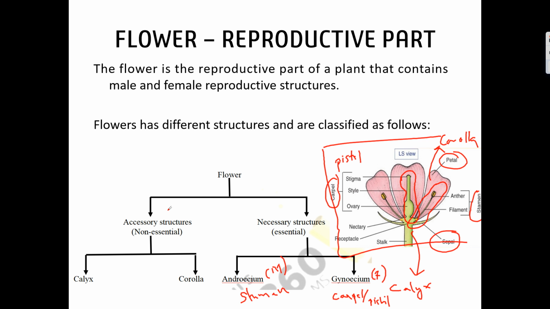The accessory structures, which are non-essential, are the calyx and corolla, nothing but the sepals and the petals.